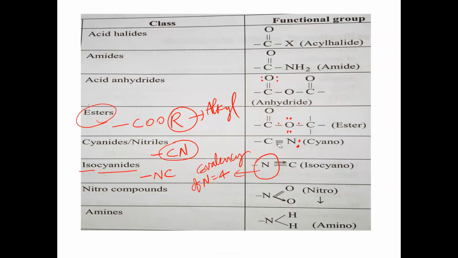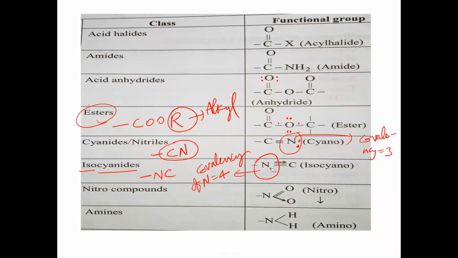But in cyanide, in bond CN, nitrogen has only 3 bonds around it. The lone pair is still there. It did not form any dative bond. 3 covalent bonds are there. So this nitrogen has covalency 3 only.